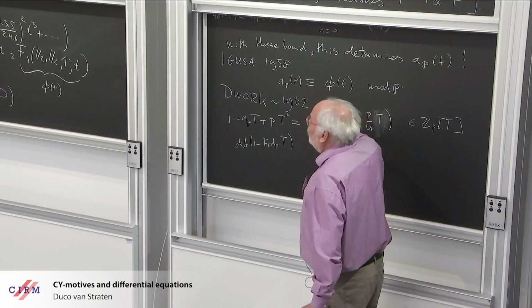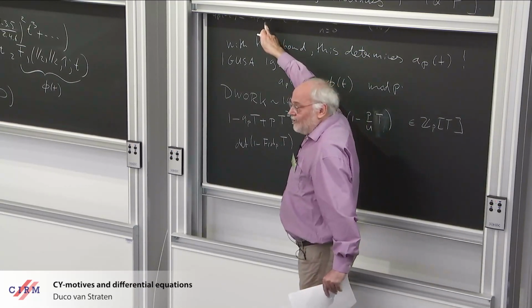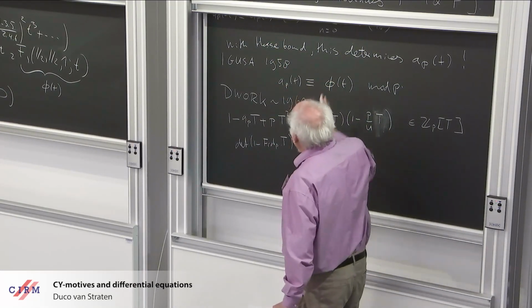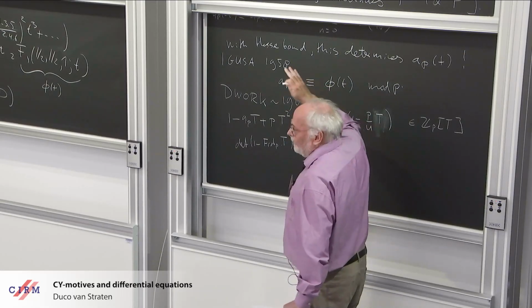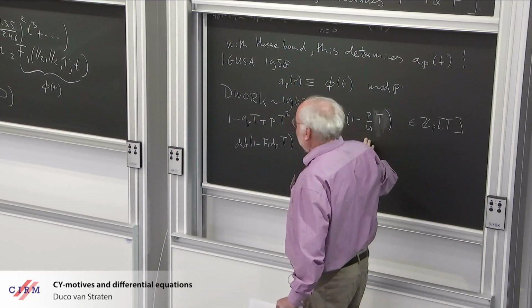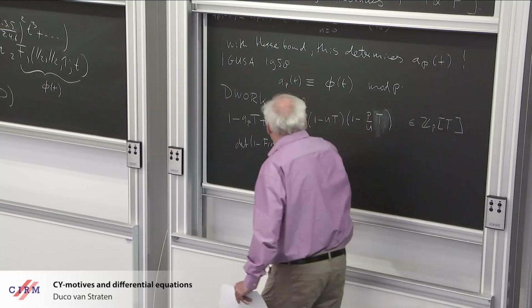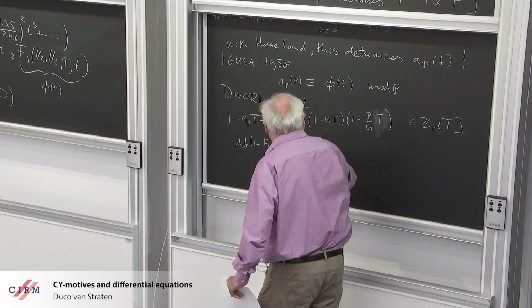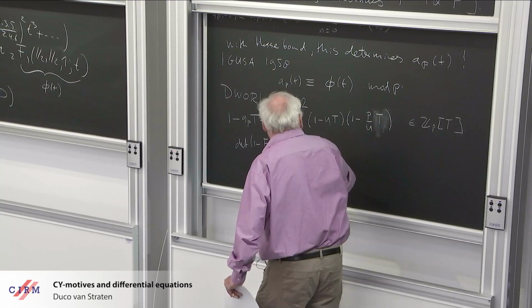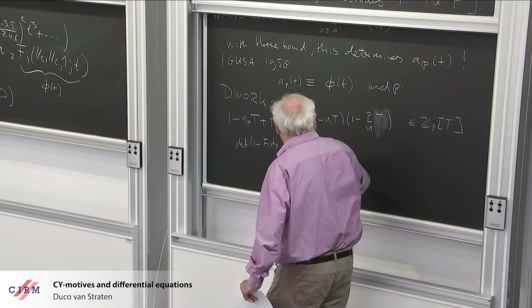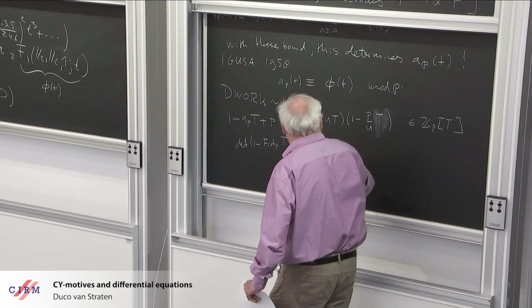There will be such a unit root if this number is non-zero. If the Hasse polynomial vanishes, then we have supersingular, and there is no unit root. But if there is a unit root, you have a formula for the unit root, u. It depends of course on p and on the point t.